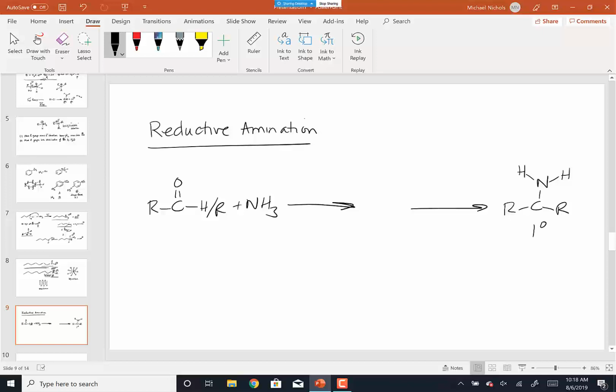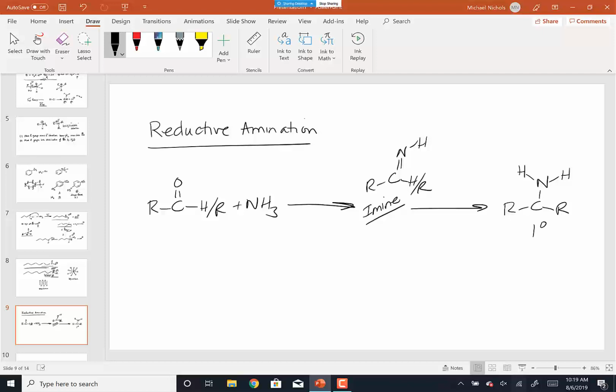So I can use this series of steps to make a primary amine. React ammonia with ketone or aldehyde. I forget, what do I make there? I make that, which in this case would be an imine, because I did use ammonia.